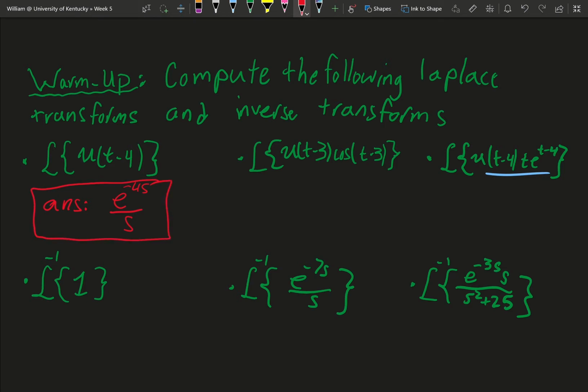For this guy here, we can rewrite this. This is going to be e to the negative 3s times the Laplace transform of cosine of t. And so we get our answer, e to the negative 3s times s over s squared plus 1.